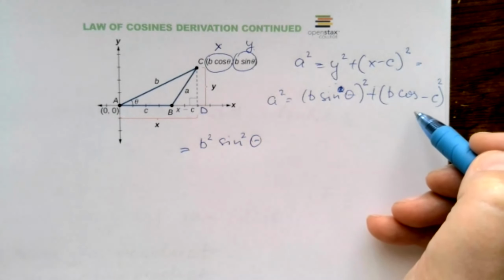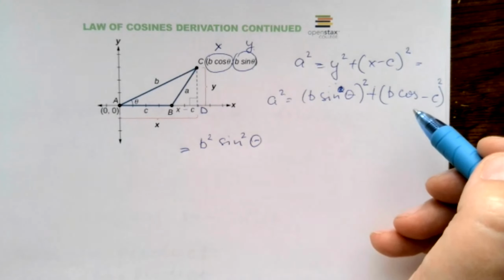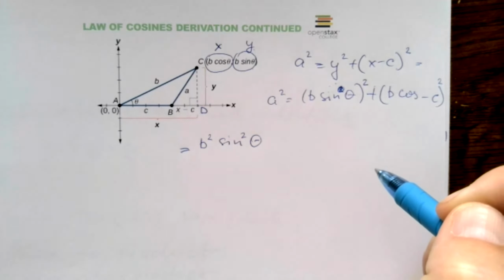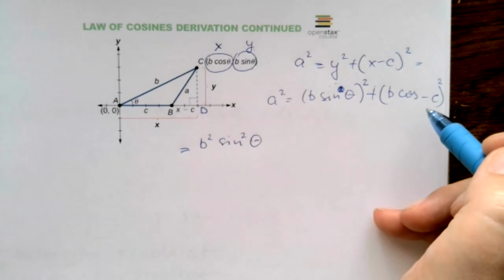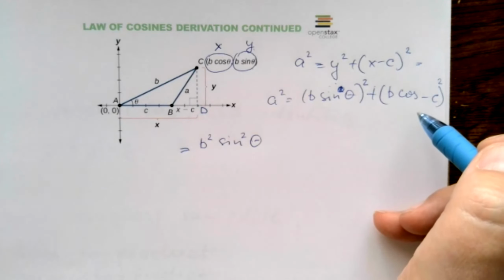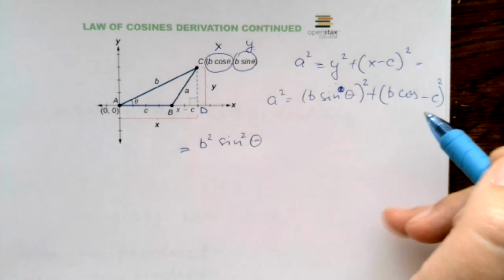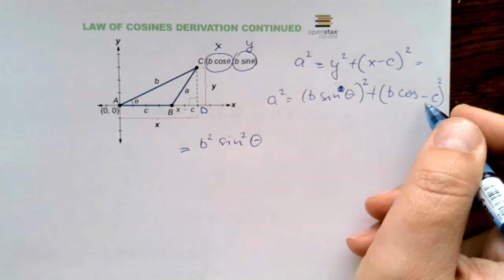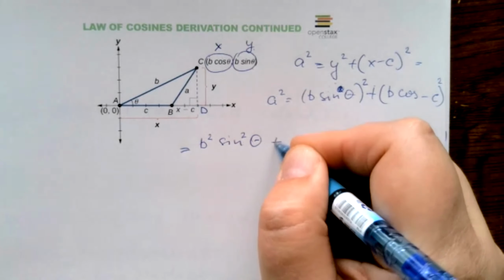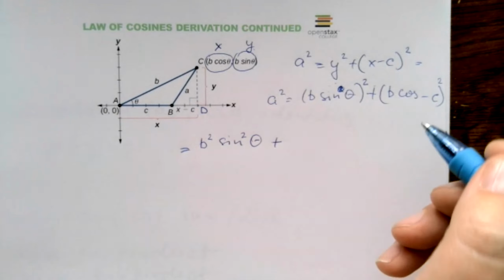Now this is a binomial, the x minus y squared situation. So we're going to apply our square of a binomial formula, which will give us a trinomial. Again, if you don't remember it, go ahead and review it.